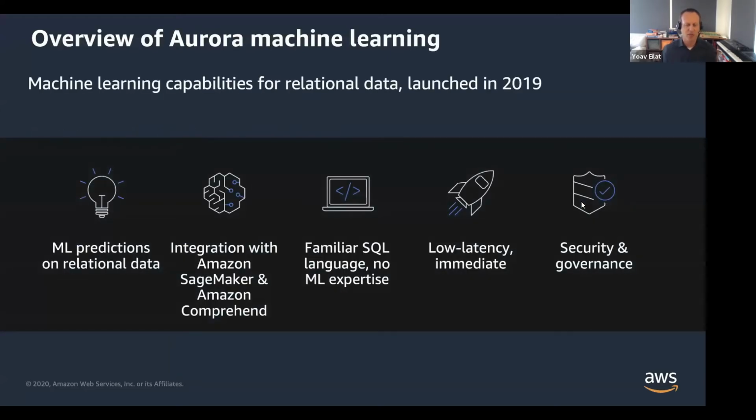The machine learning capabilities specifically, which we added in 2019, basically allow you to run a query in your Aurora database and then transfer it to a machine learning service for making a prediction. The two services that we support currently are SageMaker and Comprehend, which are two machine learning services offered by AWS.